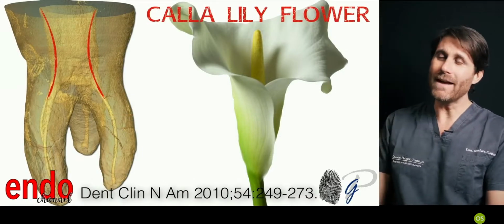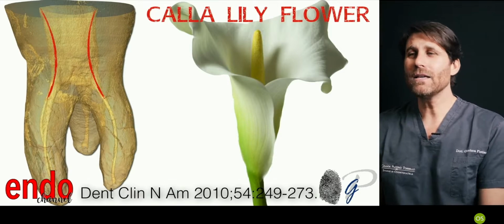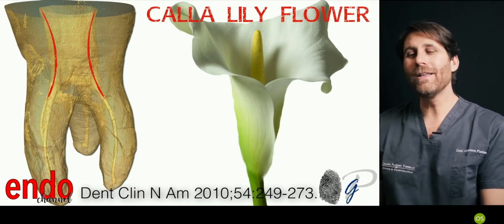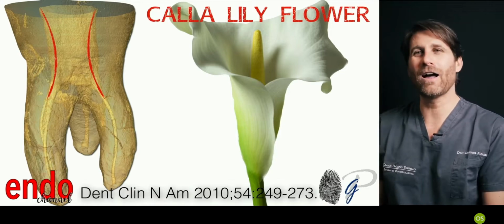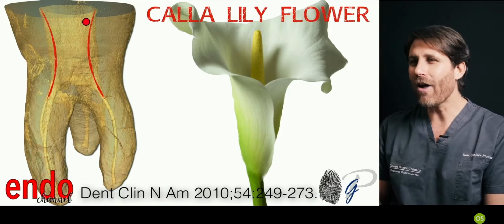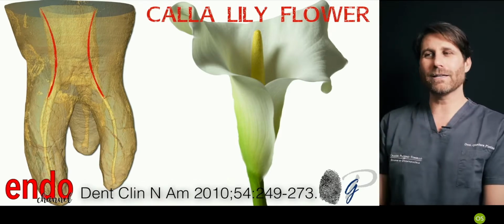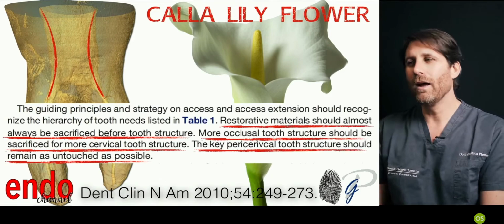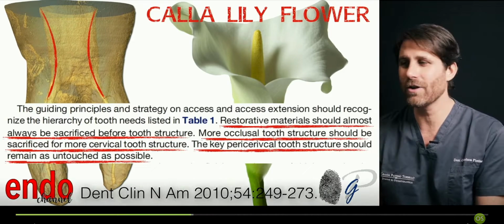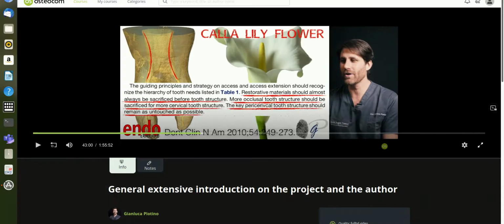So what's the message? To perform a cavity access and to enter the root canal with this so-called calla lily flower shape. The calla lily has this shape that we are trying to resemble inside the access cavity. Restorative material always should be sacrificed before tooth structure, and we will see better.